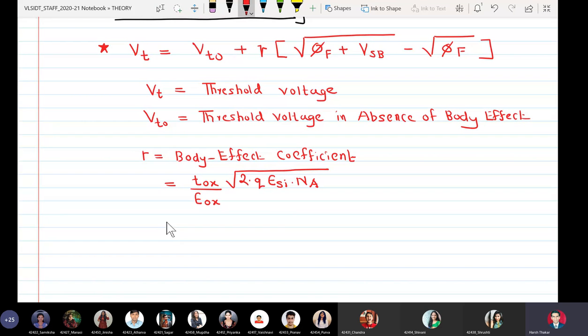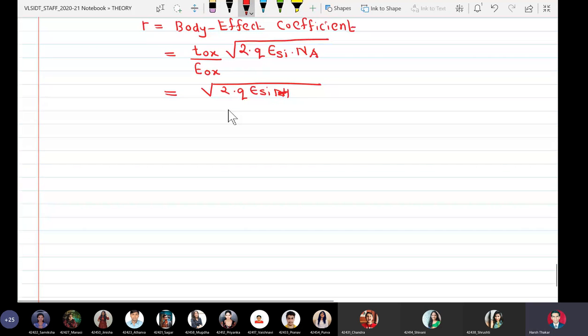And because epsilon ox upon T ox is C ox, we can rewrite the same equation as under root of 2 into Q into epsilon Si into Na upon C ox.